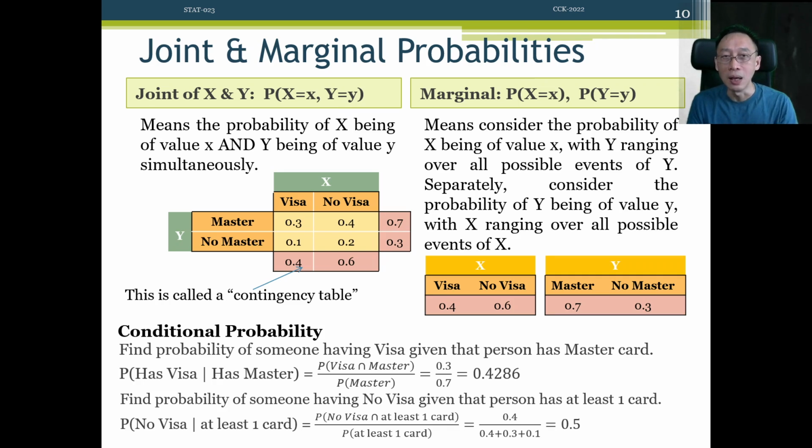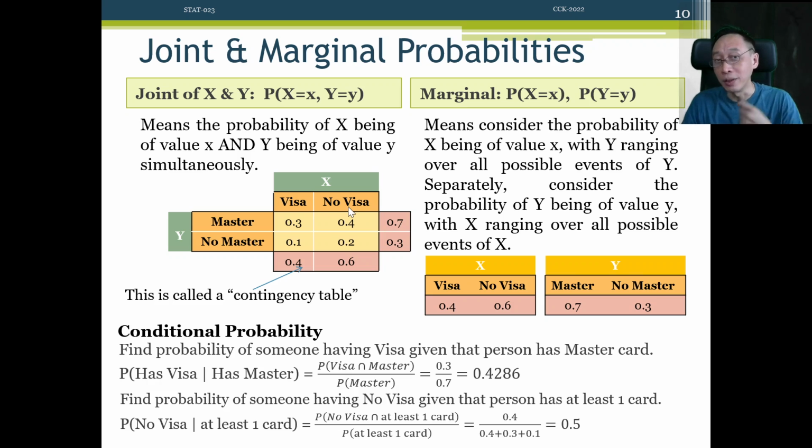The way we say it is the joint probability of tall people and heavy people, or in a smoother description, it will be the probability of a person being tall and heavy. Now, we quantify more specifically what is tall, what is heavy. So here in this example, we'd like to talk about the joint probability of x and y, where x takes up the attributes: does a person have Visa card or not Visa card?